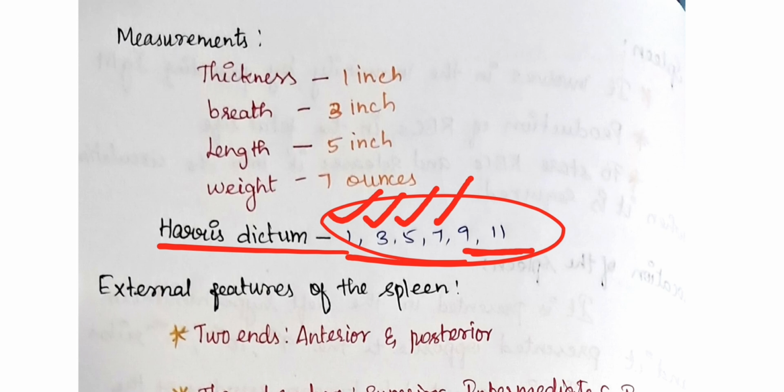Thickness will be smaller than the breadth, and the breadth will be smaller than the length. The Harris dictum is used here. That is the main thing.